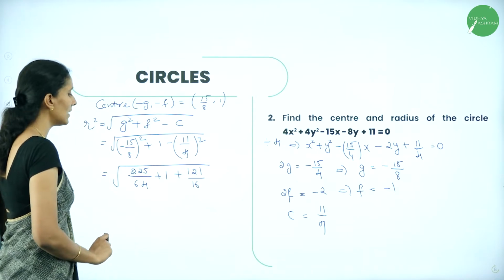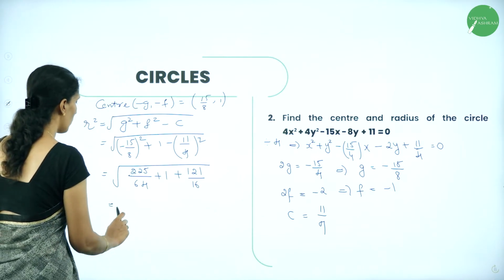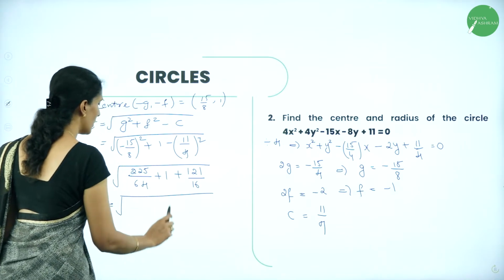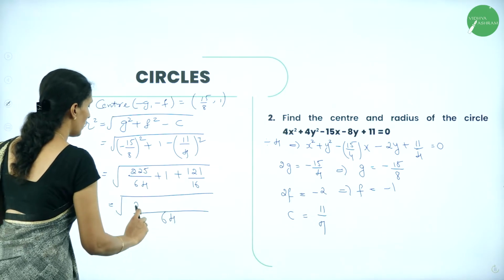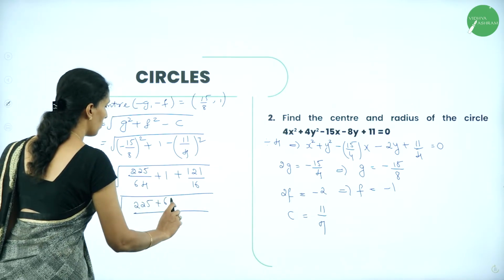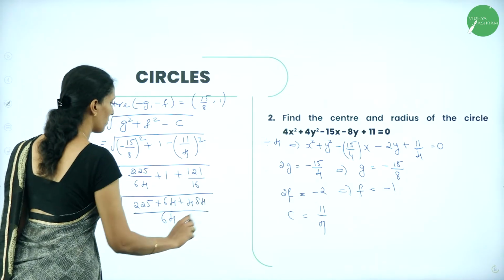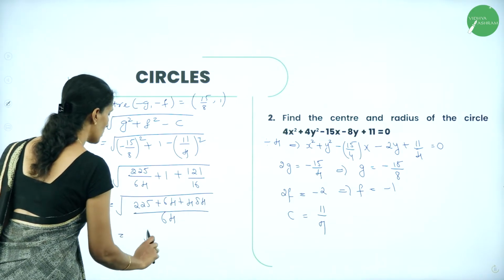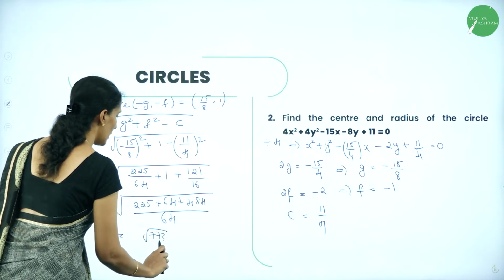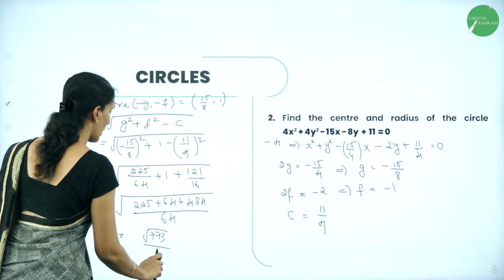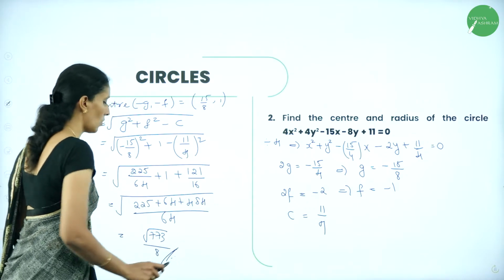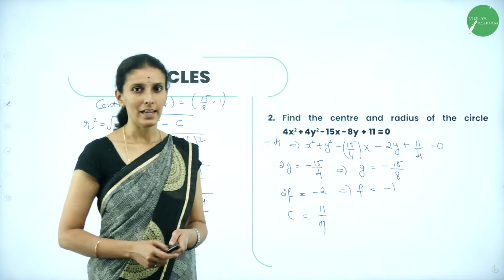So we can take the LCM for 16 and 64, which is the square root of (225 + 64 − 176)/64. So this can be written as the square root of that, divided by 8. So the radius is root of that value by 8.